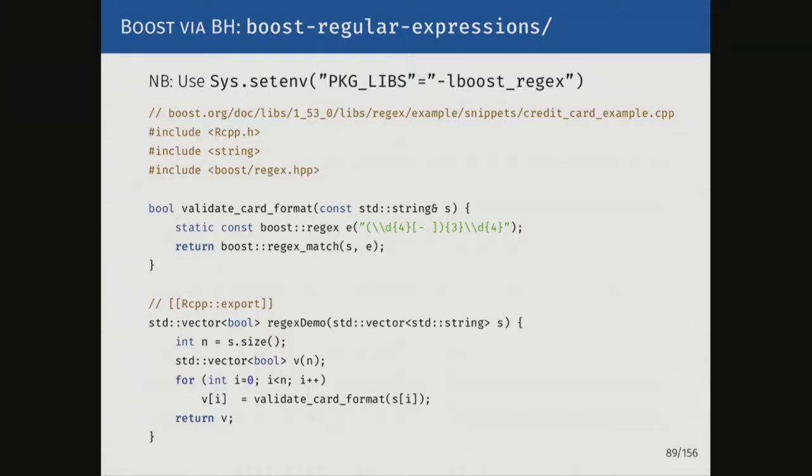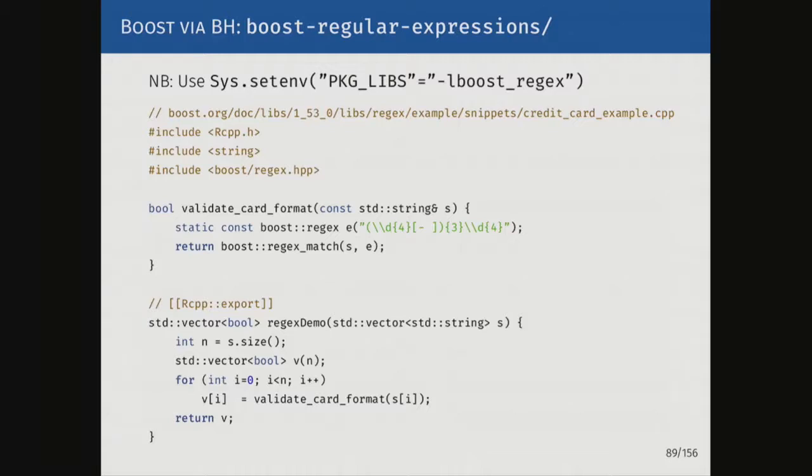It just basically means \d is a digit, so it means we want exactly 4 digits followed by either a hyphen or a space, all that grouped as a token. gsub does the same thing 3 times, and then followed by 4 digits, meaning we have a total of 4 chunks, each being 4 digits, and they may be separated by hyphens or spaces. And that regex then can get matched, and each of these matches produces a true/false.